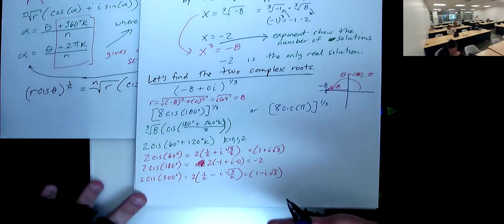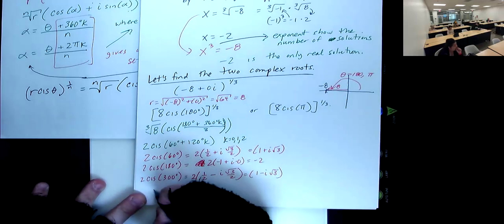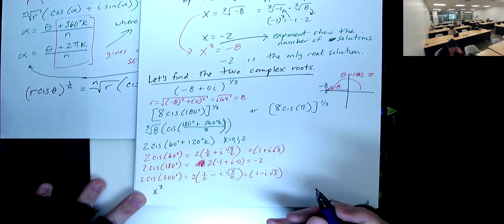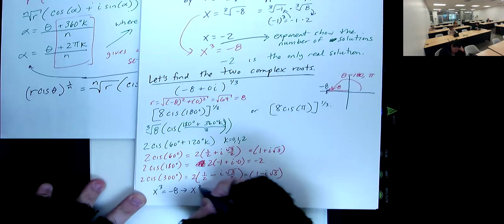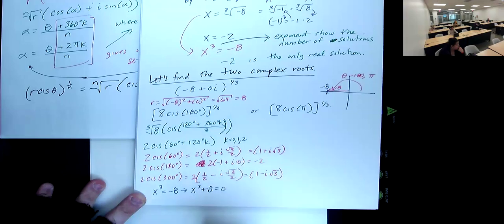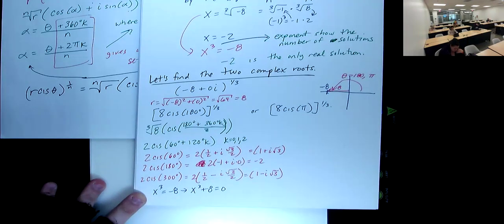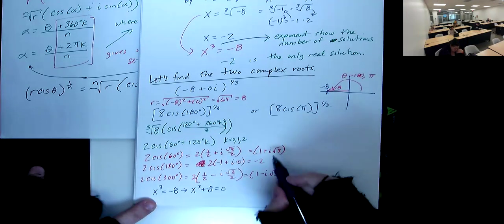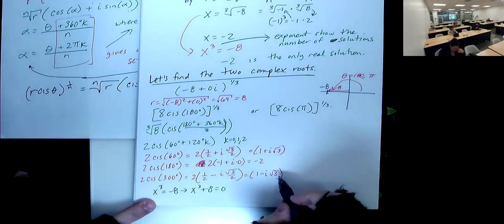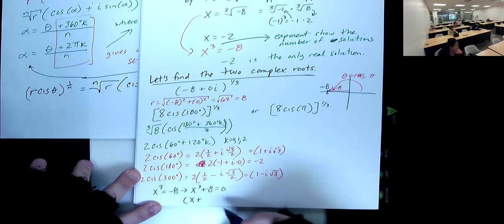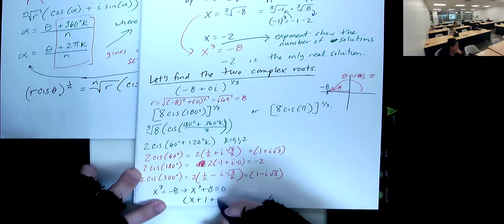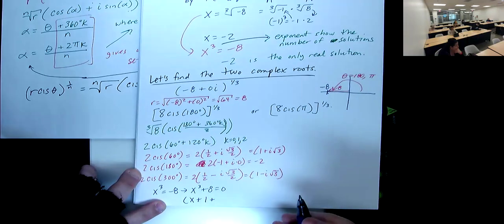So before we do the pi one, x cubed equals -8 is like saying x cubed plus 8 equals 0, and these are like the roots or factors of it.